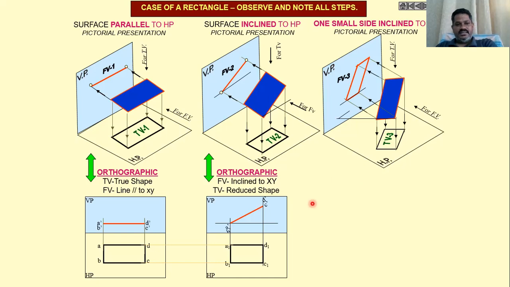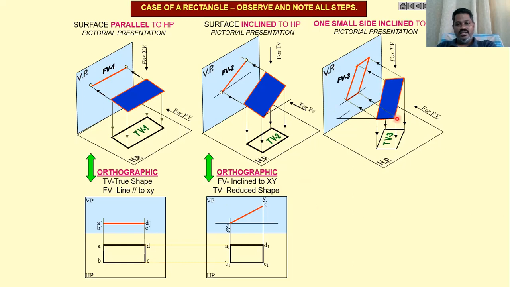Then after this, the third case can be one of the edges. In this case, the small edge of the rectangle is making some angle with the vertical, as you can see here. This rectangular surface is making some angle with the horizontal, obviously.